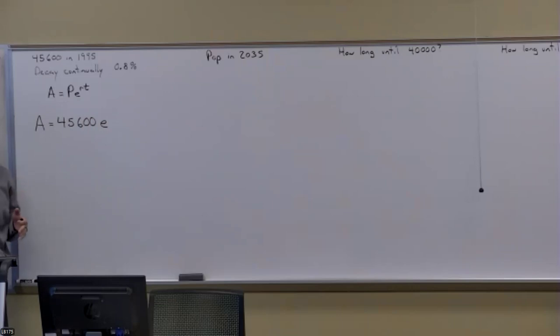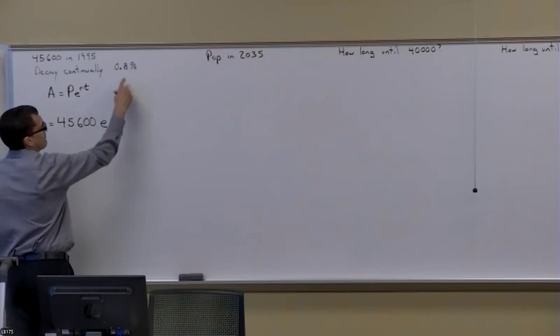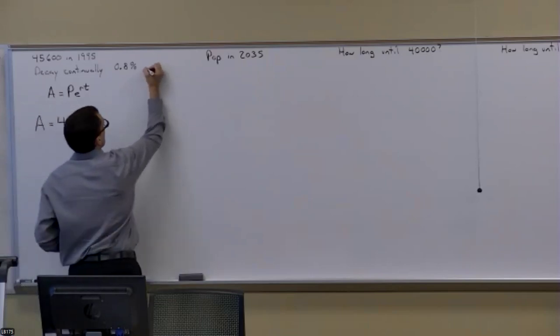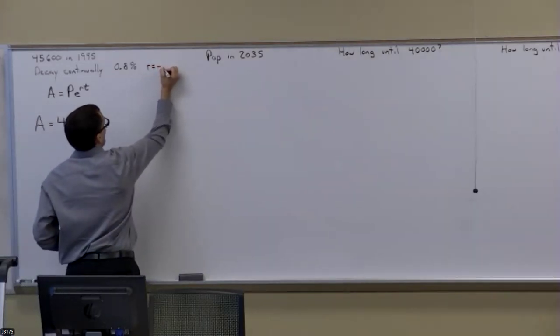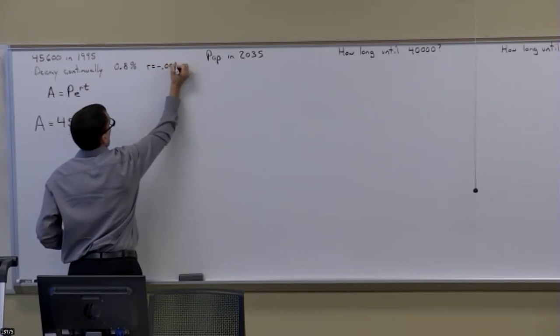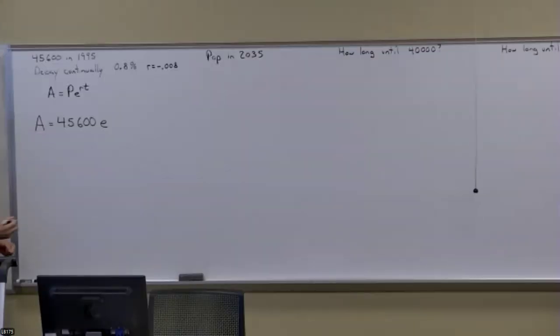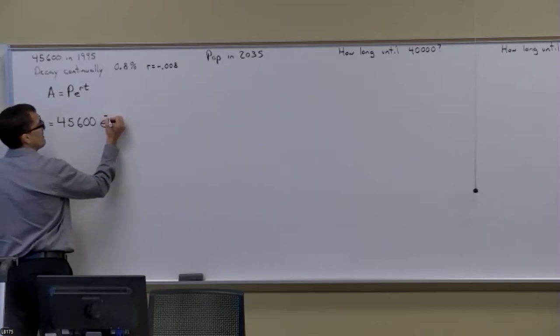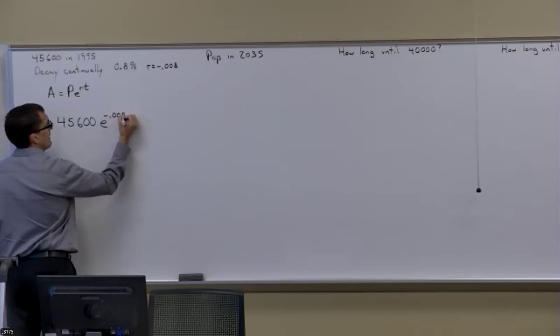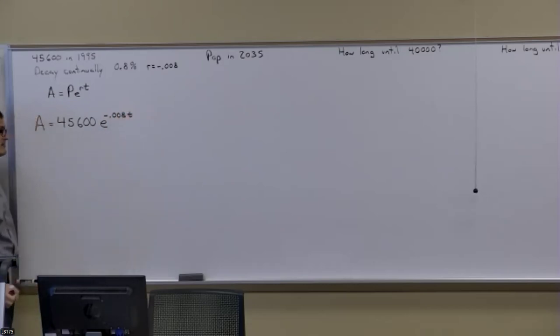A decay rate, we went over this way back in the beginning, but a decay rate is a negative R value. And if it's 0.8%, then that means the R value is negative 0.008, just under 1%. Does that make sense? So R value is negative 0.008, and then we had T. So that would be the equation that we want.